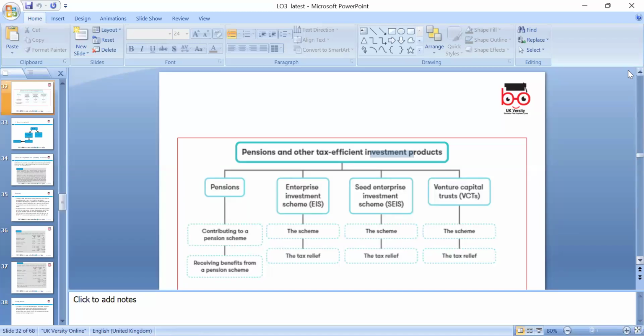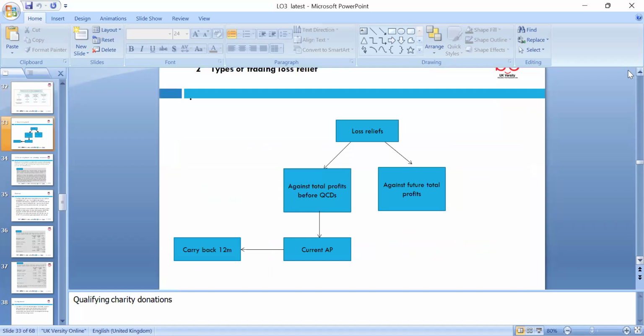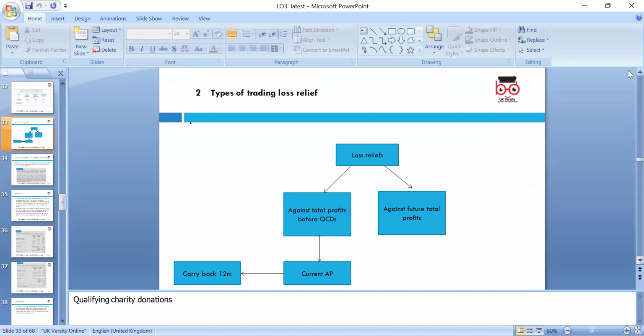If you have invested money in those, we have to look at the relief available from the government. Loss can be a trading loss, and loss relief can be set against the total profit before qualifying, which we can look at against future total profit and the current annual profit. Yes, so we can carry back or carry forward.